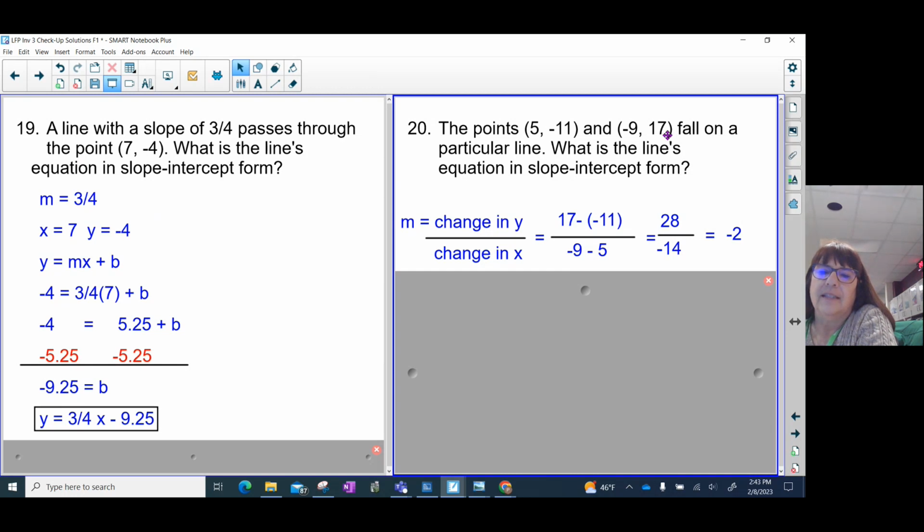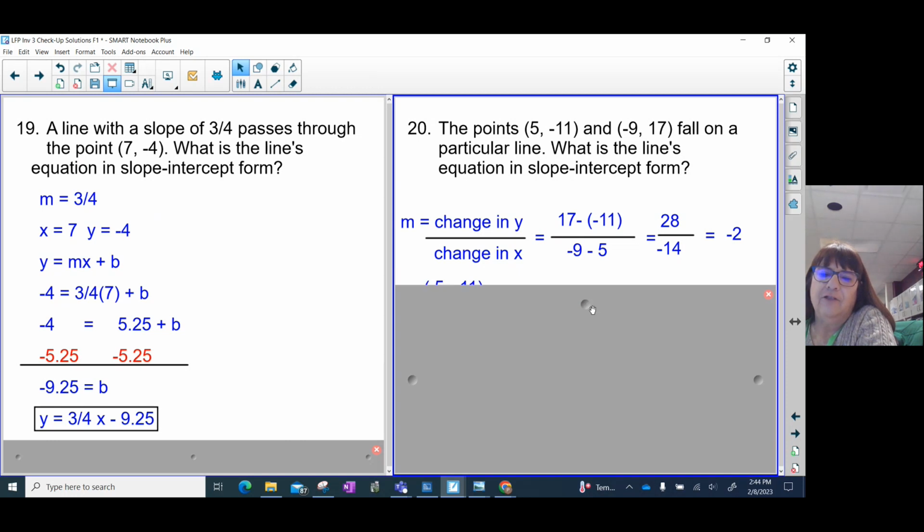So if I go from 17 minus a -11 is 28. And then I have to go the same direction with my x's, -9 minus 5. -9 minus 5 is -14. When I do that division, I get -2. -2 is going to be my m, or my slope.